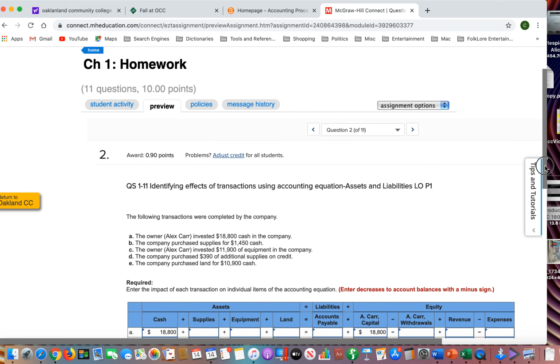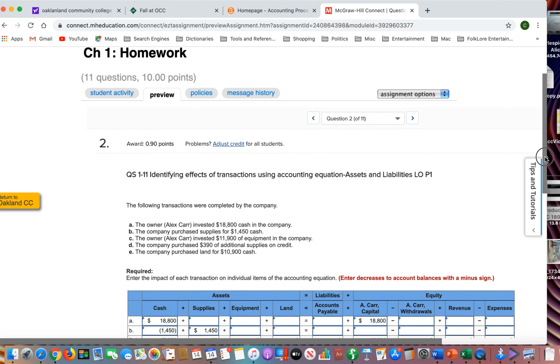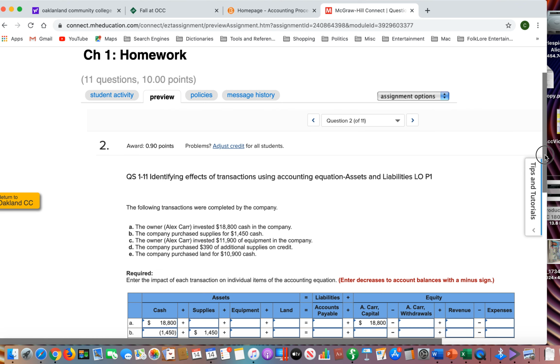Well, you see that? Cash went up and so does capital. See that? Right here and there. The owner purchased supplies for cash. So cash is going to go down and supply is going to go up, right? And that's what you see right there. Cash went down, but supplies went up, and both are assets.